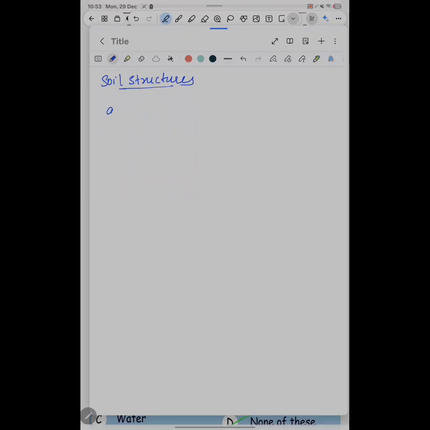First is single grained structure. Single grained structure is mainly for gravel and coarse sand.